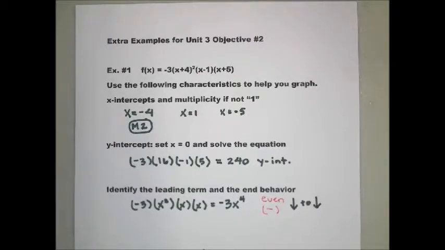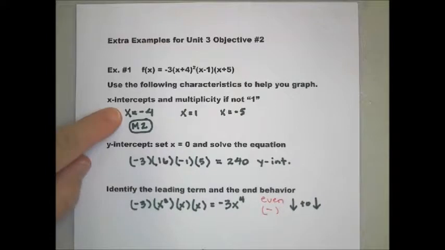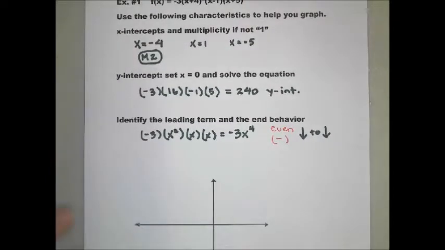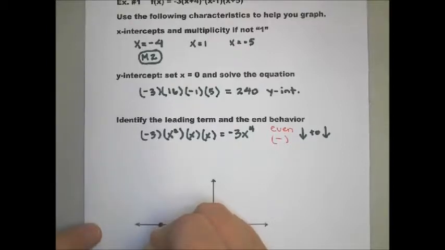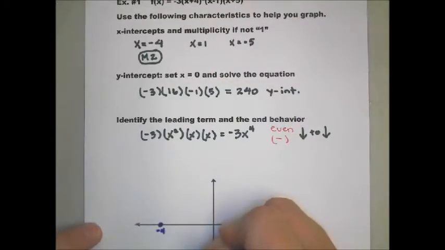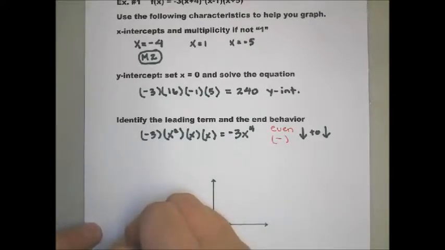Now the last thing we need to do is put these key points that we just found on the graph, and let's label them. So the first 3 key points we found were the x-intercepts. One of them was -4. So let's kind of estimate where -4 might be. It might be about right there. And note it. x equals +1 would be maybe right there. x equals -5 would be maybe right there.